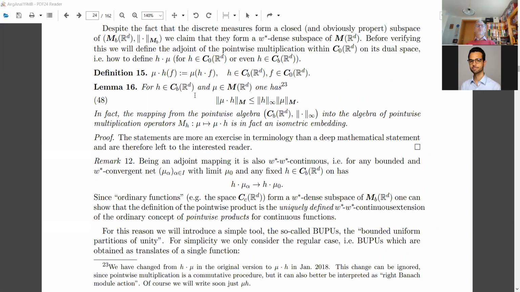So just to go through the proof, because it's not written out in detail, first of all, multiplying f first with h is a linear procedure, then applying a linear functional gives you a linear thing. If you're asking what is the size of this, then you would say, okay, clearly I can estimate the action of mu on h times f by the size of mu times the size of h times f.